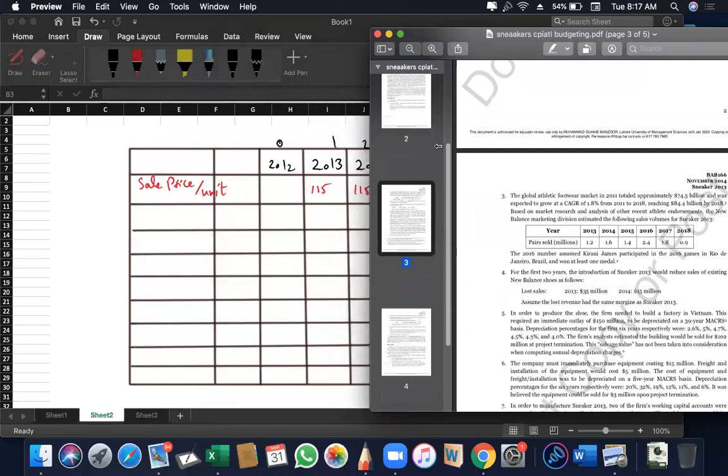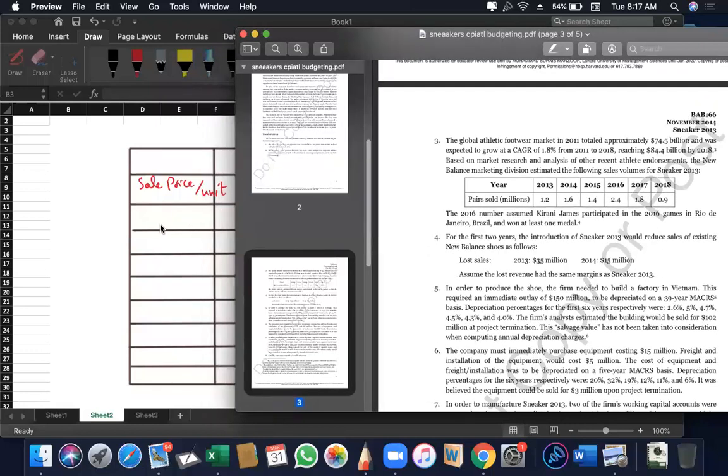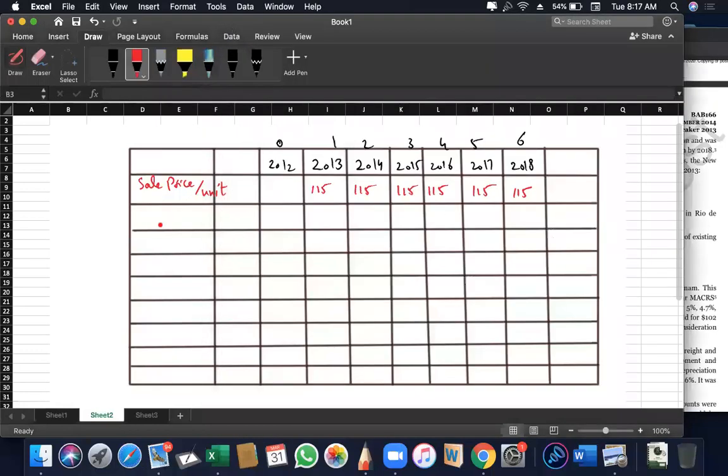So earlier we used sales price per unit. Now I will number it one. Here it is two. This is units sold.